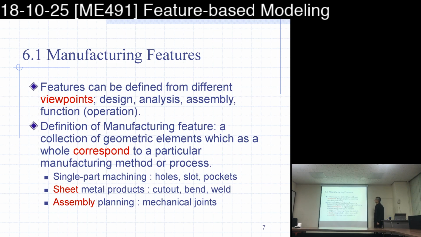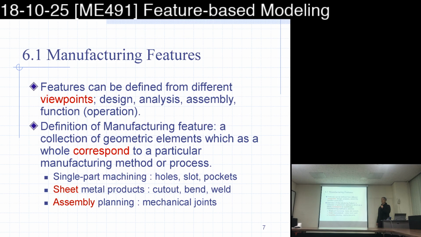So manufacturing features. Features can be defined from different viewpoints: design feature, analysis feature, assembly feature, functional and operational feature. Depending on how they use features in their work, they define different features.